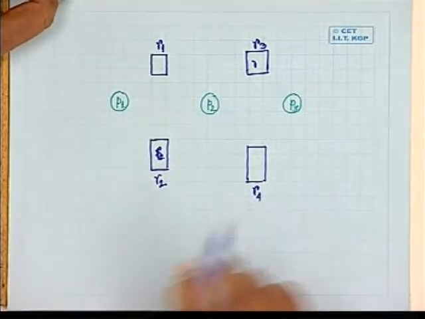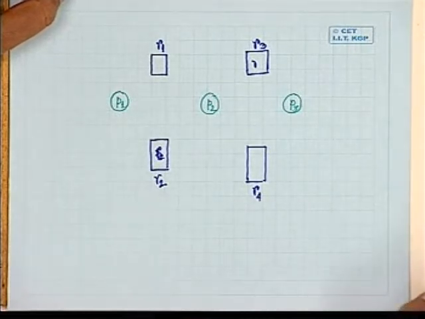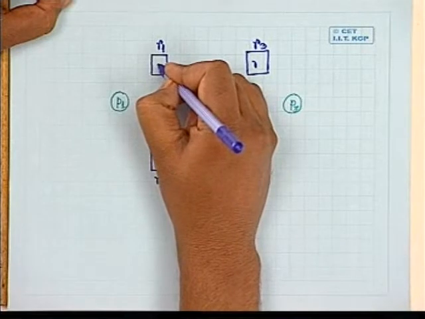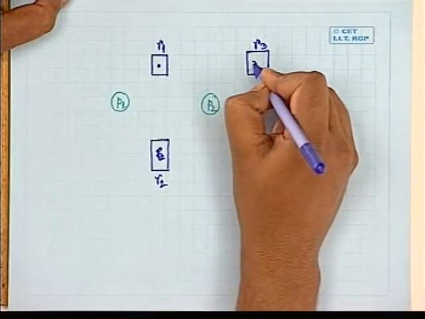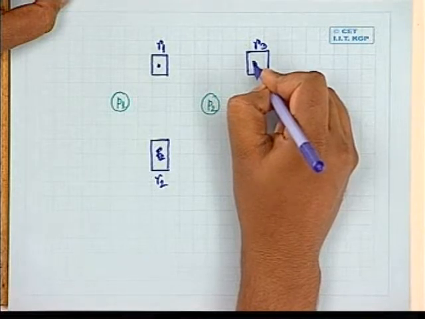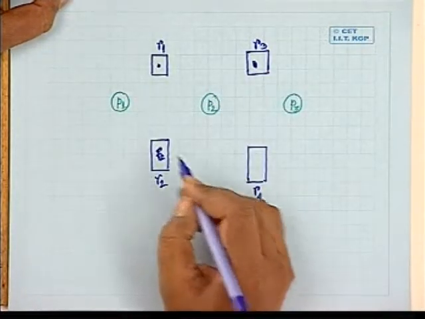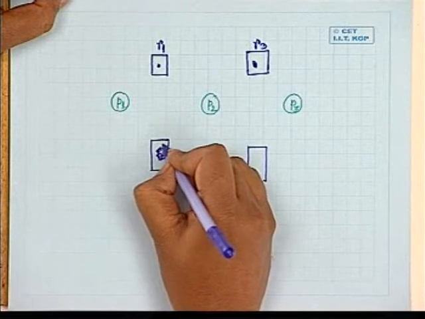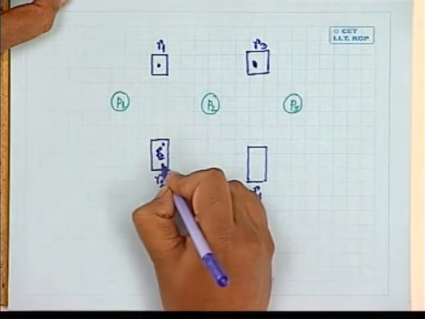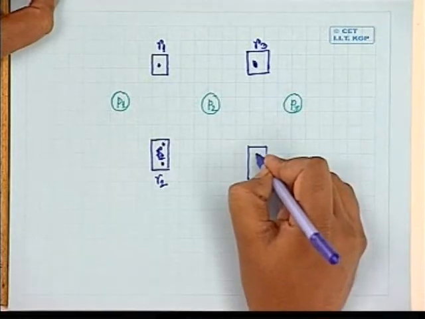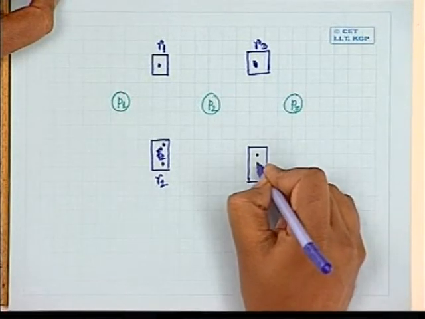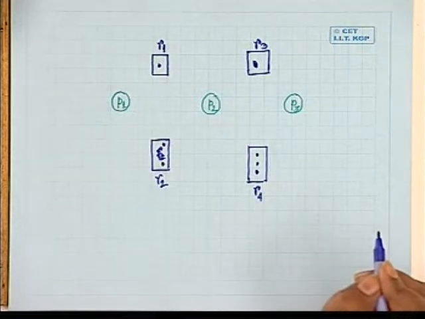Let us put it this way. Okay. And we assume that resource type R1 has a single instance of that resource. Resource type R3 also has a single instance. Resource type R2 may have, say, two instances of that resource, so I put it as two dots, and say resource type R4 has three instances of the resource.